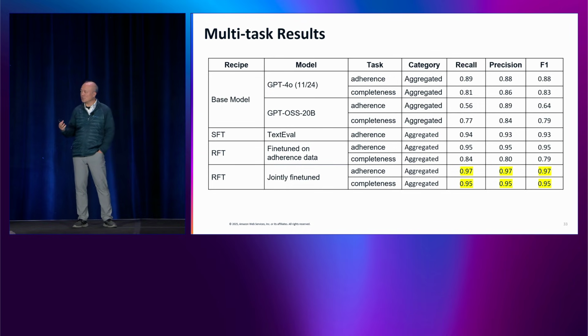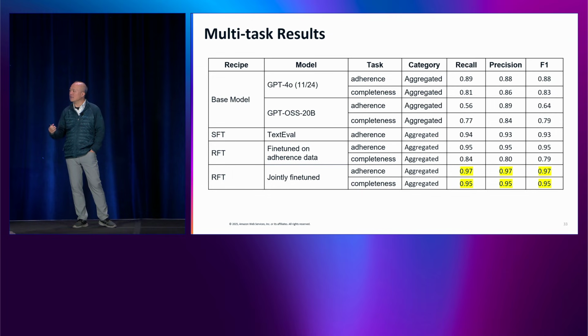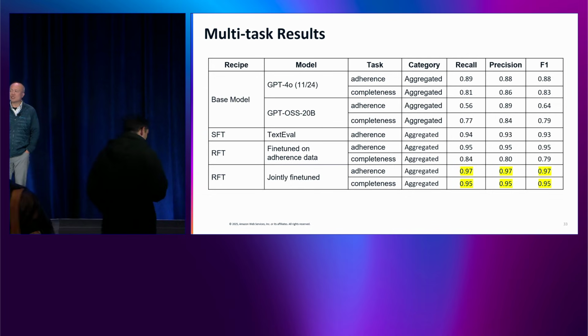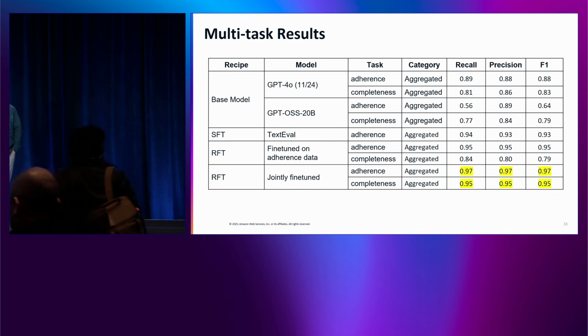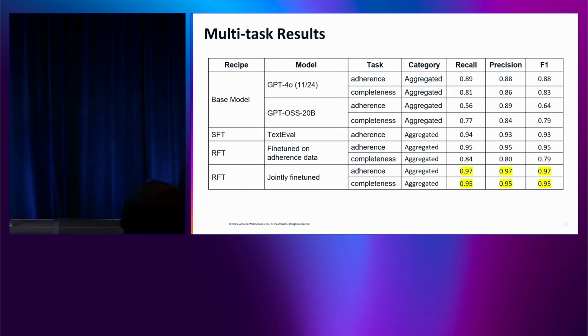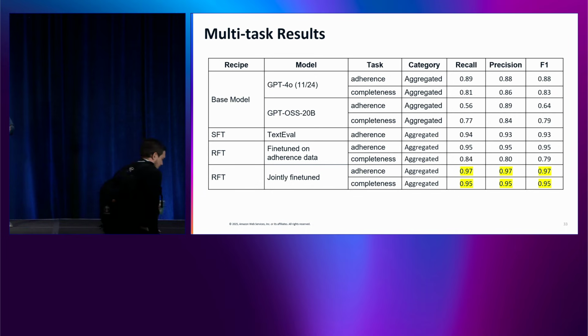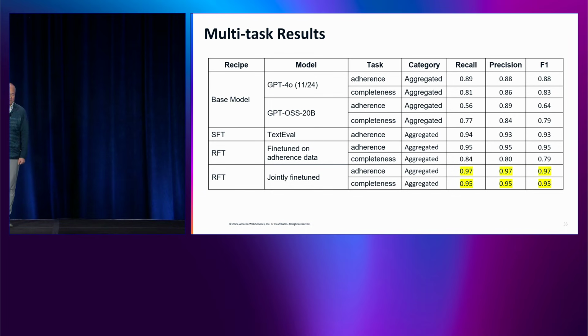One is instruction adherence: how likely is the response to adhere to the instruction that you have given it? And GPT-4o's F1 score is 88%. Completion is the task completion score. So the GPT-4o frontier model last year was 83%. That's okay, not bad, but it costs a lot, for sure.